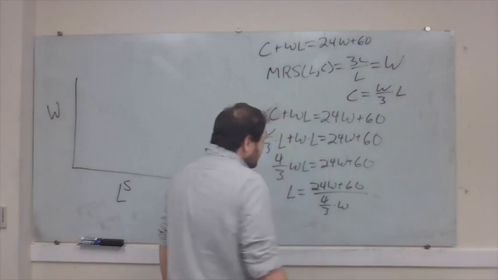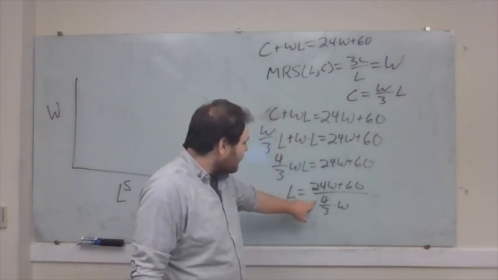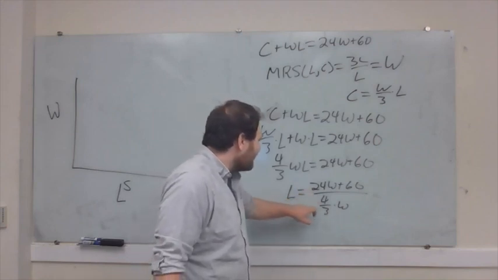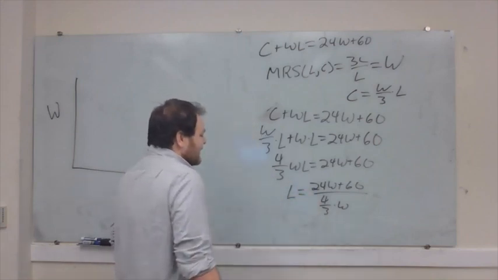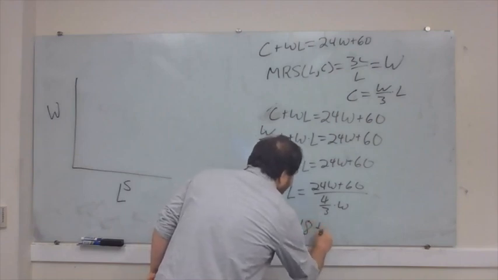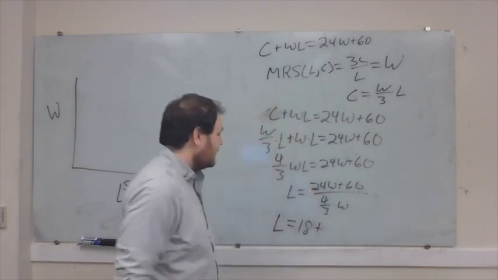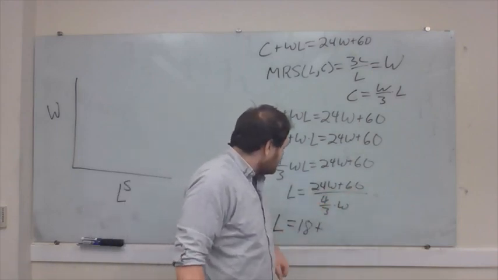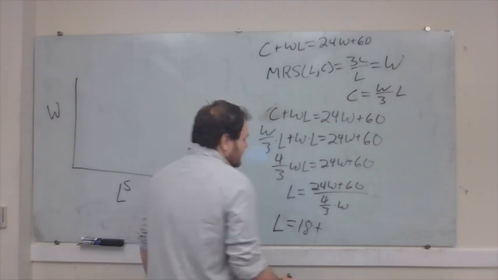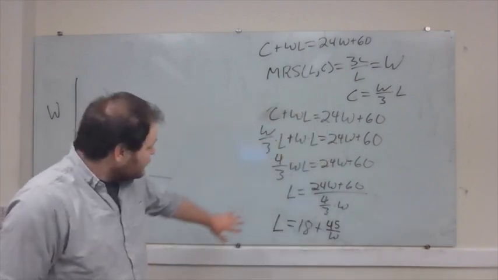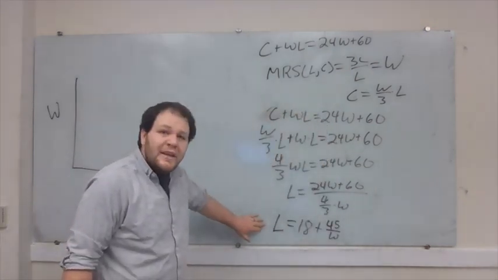The W's are going to cancel. 24 divided by 4 is 6, which times 3 is going to be 18. So I'll say my leisure is going to be 18, and then plus 60 over 4/3 times W. 60 over 4 is 15, which times 3 is going to be 45. This is going to be 18 plus 45 over W.